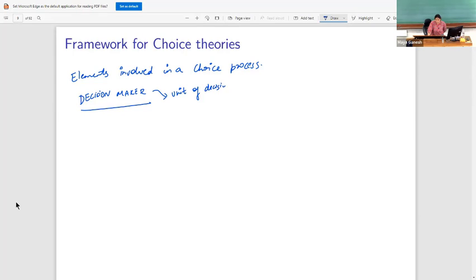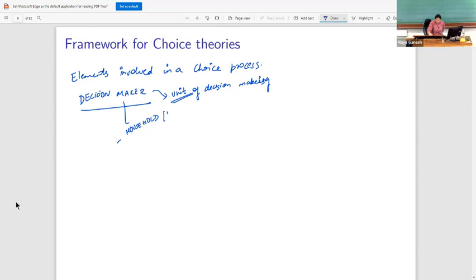For instance, it could be a household. If we have to buy a car, it is not just my decision. It is all the members in my family. I'll consult my sister, my father, my mother, etc. So the unit of decision making need not always be a single person. It could be a household or a family.